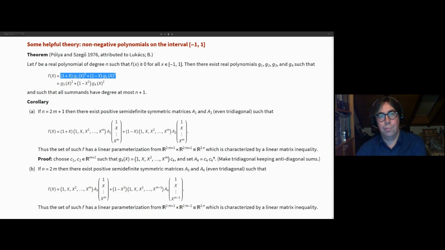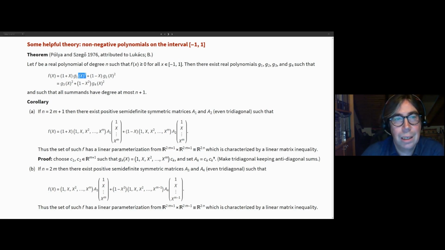You have this square here that's non-negative, and you multiply by another typical polynomial, which on that interval will rise from 0 to 2, or with this polynomial, which will fall from 2 to 0.